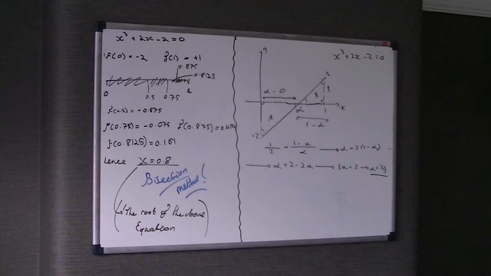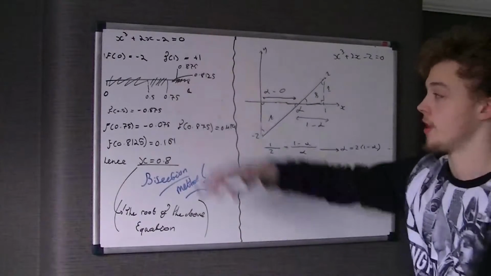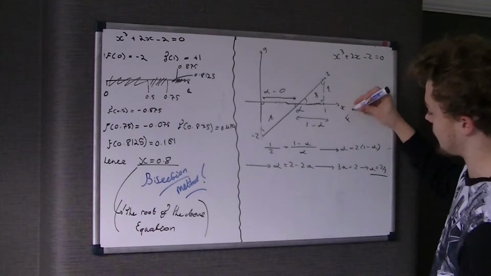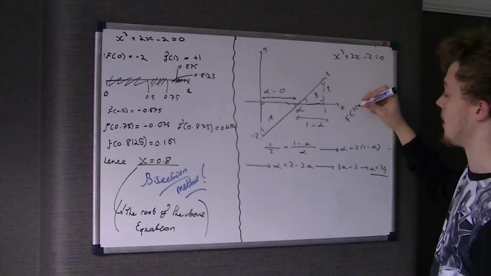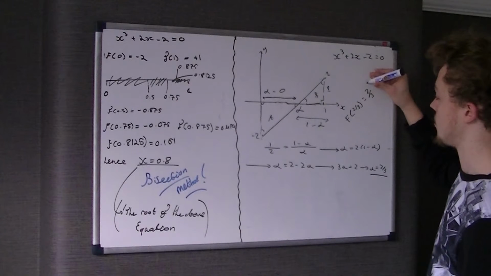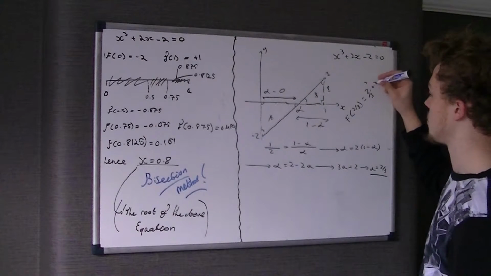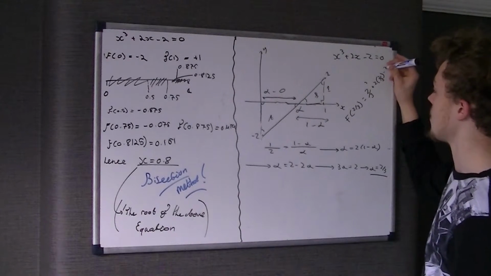Well, okay, so this is our x value, and now bearing in mind we didn't know all of this, we'd put that x value into f of something, into the function, so it'd be the function of 2/3, okay? So you put 2/3 into the equation, so it'd be 2/3 cubed plus 2 times 2/3, take 2, okay?